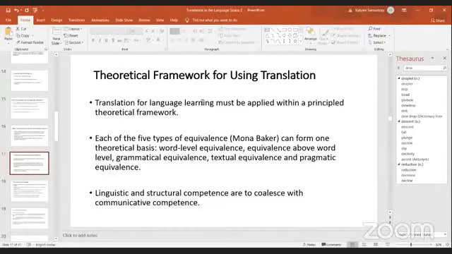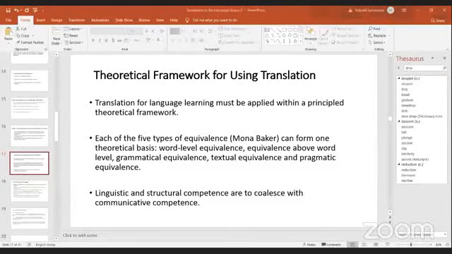It was as suits any one approach. It gradually became that. So if we want to use translation in the language space, to use translation for higher level language learning, a theoretical framework is essential. So we must create a principled theoretical framework.